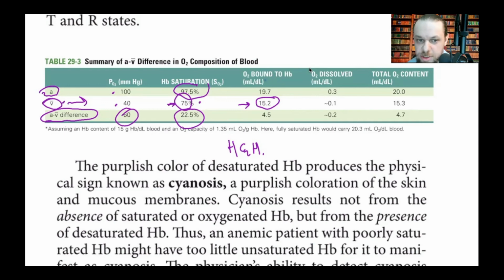That means that the tissues are extracting 45% every time blood goes there. That means the tissue demand is much higher. They're metabolically active. And in sepsis, you have fever, you have high metabolic demand, the heart rate is elevated, and it makes sense. Tissues require more oxygen to perform their function, so they will pull more oxygen off. So this is just to give you an idea of when we measure these things.